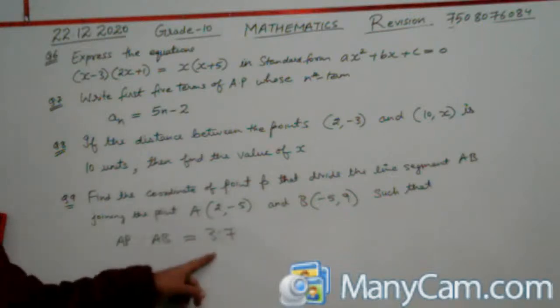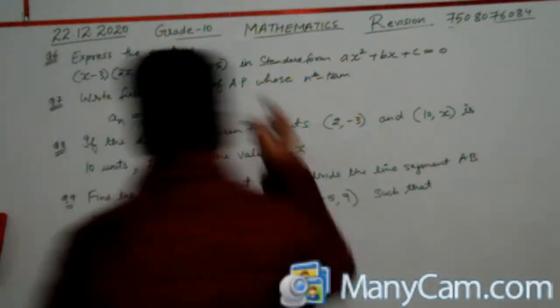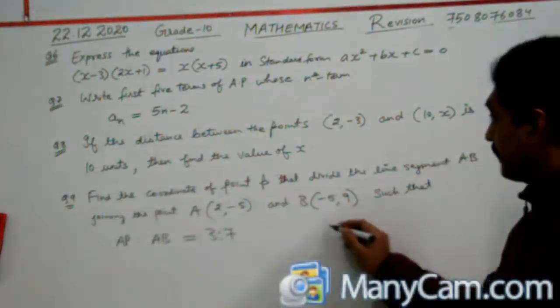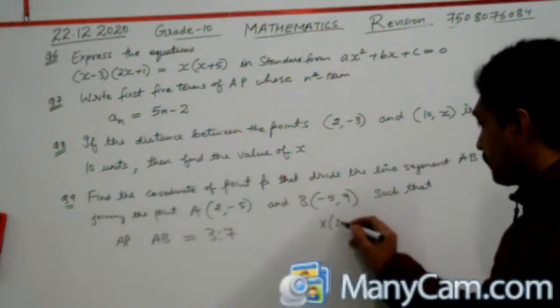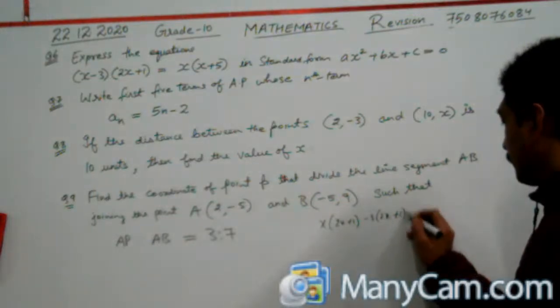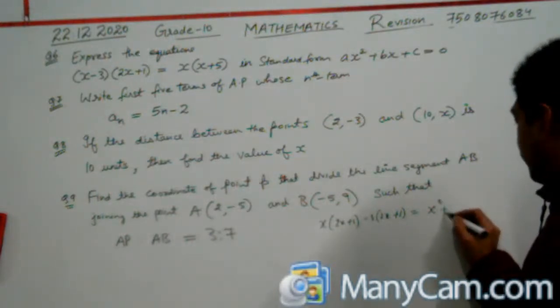The ratio is 3:7. So here Parul will write x is 2, and okay, standard form, that is x square minus 10x plus 3. So let's check here. When we multiply the equation, we open the bracket: x into 2x plus 1 minus 3 into 2x plus 1 is equal to x square plus 5x.